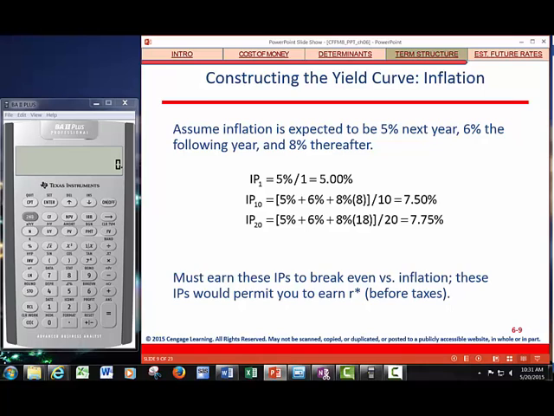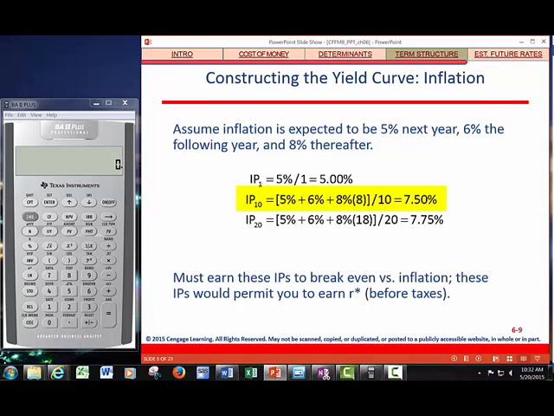This information was important because they just said 8% thereafter, and that could be infinity. But we see we'd need 1-year, 10-year, and 20-year. So the average inflation rate for 1 year, if it's going to be 5%, will just equal 5%. The average inflation for 10 years is 5 plus 6, plus 8% times the number of years left to make 10.